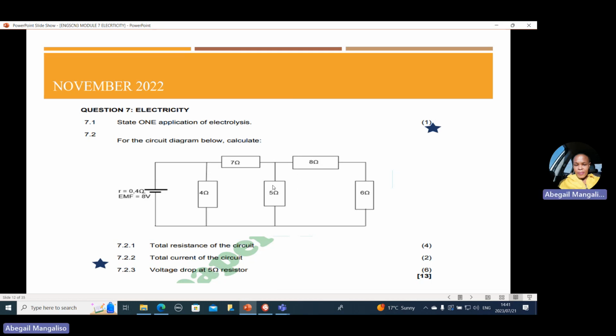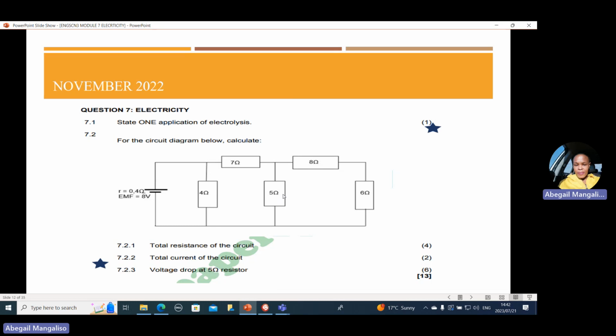So the voltage across the 5 ohm and the voltage across these 2, which is 8 and 6, the voltage across this 8 ohm and 6 ohm will be the same as the voltage across 5 ohm. So if we can get the total voltage of this section, it will be the voltage across the 5 ohm resistor.